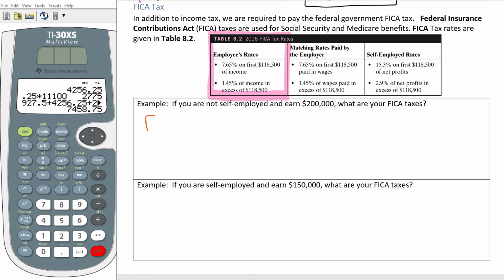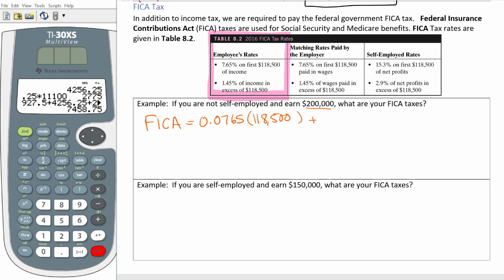So when I'm trying to find my FICA taxes on $200,000, I have 7.65%. I move the decimal over two places, which is 0.0765 on the first 118,500.